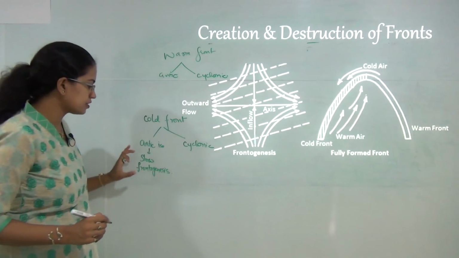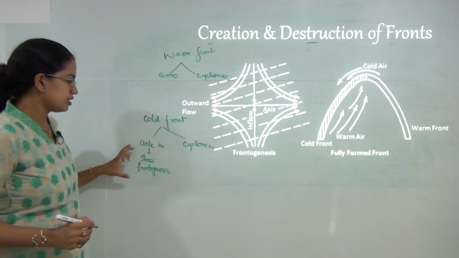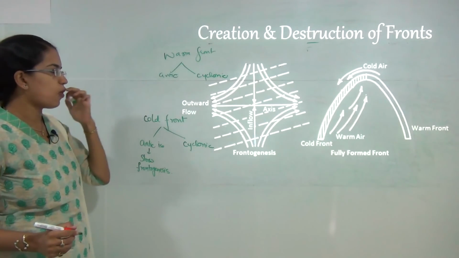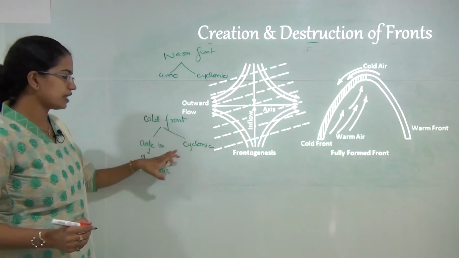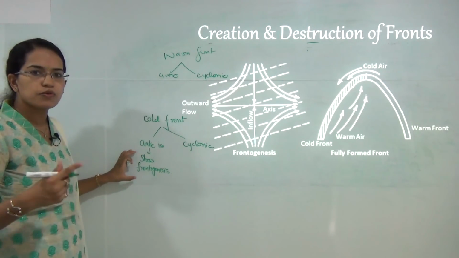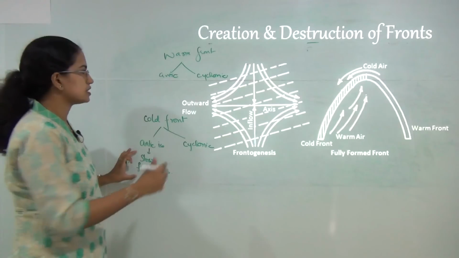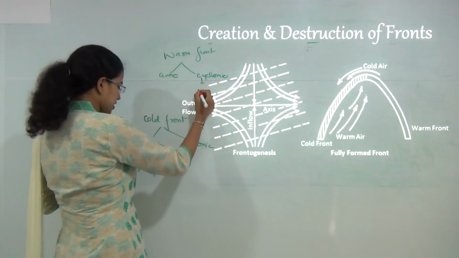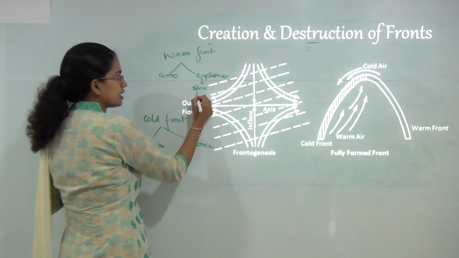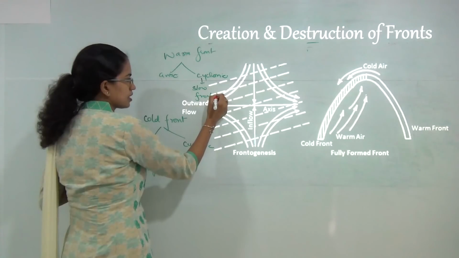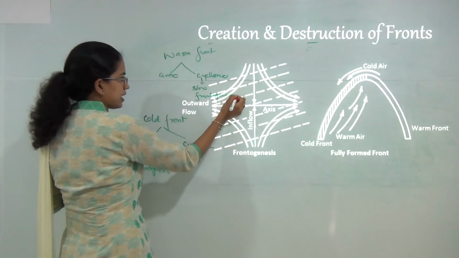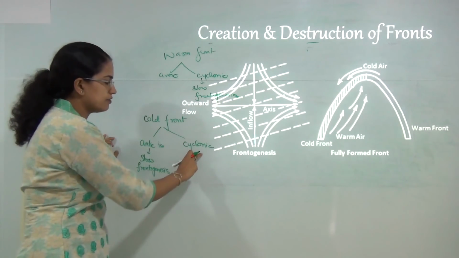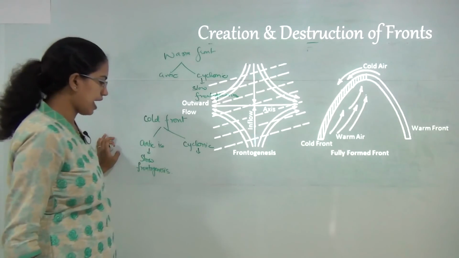What would happen in the cold front? The reverse of what would happen in the warm front. So here anticyclonic isobars would lead to slow moving fronts and frontogenesis. Here cyclonic isobars would lead to slow moving fronts and frontogenesis. However, in contrast to that, in the case of the cold front, when it's a cyclonic condition, what would happen?